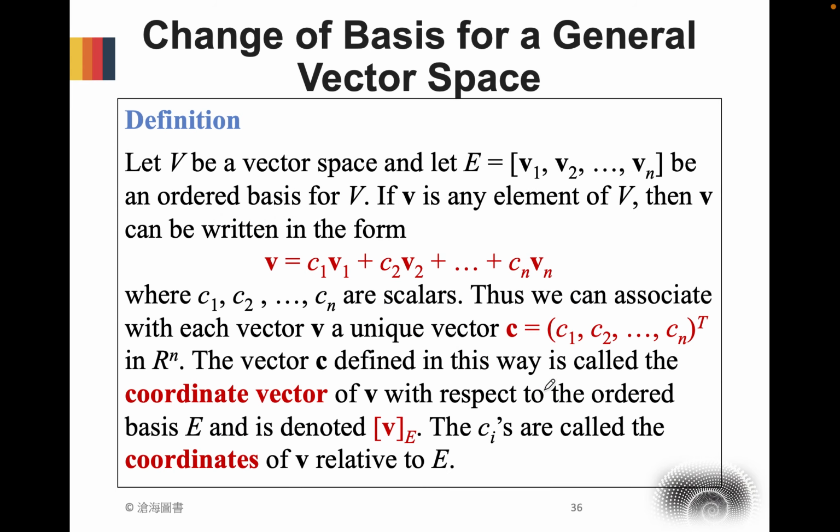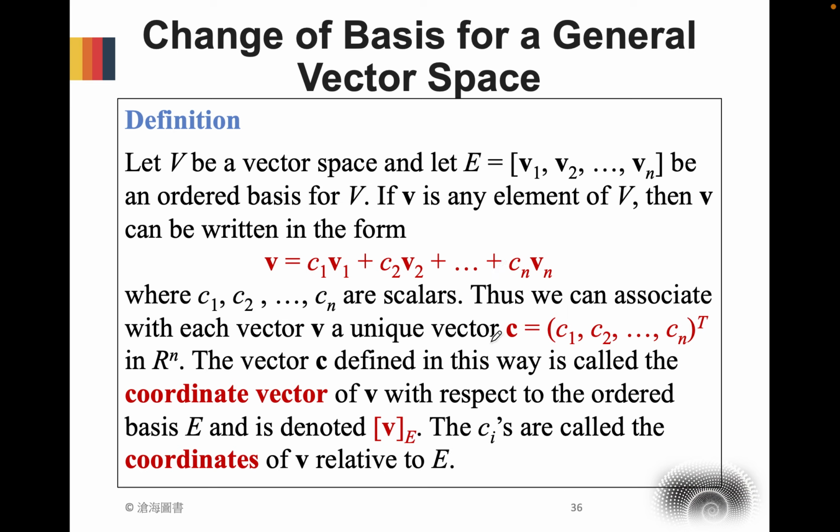In this part, the general definition of change of basis can be written like this. Let V be a vector space, and E equal to V1, V2 to Vn be the ordered basis for V. If a vector small v is any element of capital V, then this vector v can be written as a linear combination of V1, V2 to Vn.